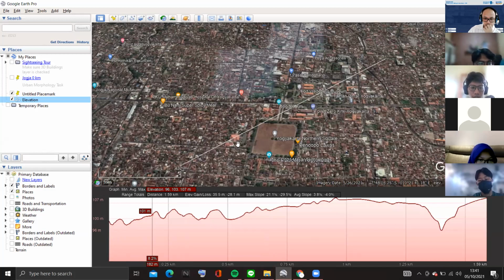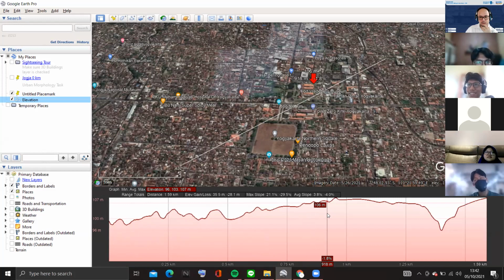So I draw a line from this point to this point, and from this we can see that the topography of Yogyakarta is not flat, but not really sloped. It's not too steep either.